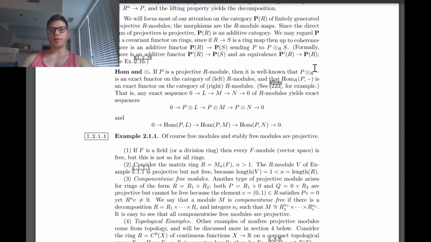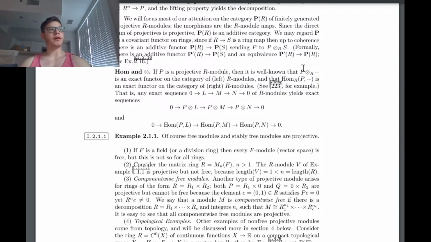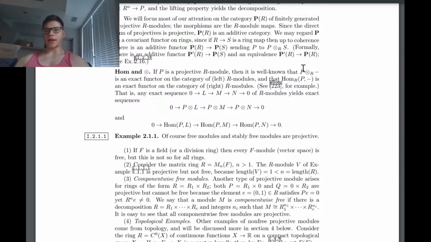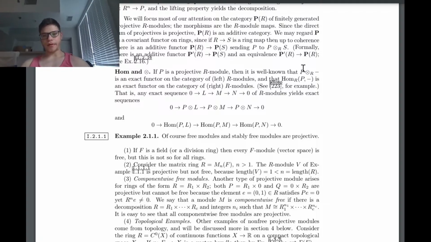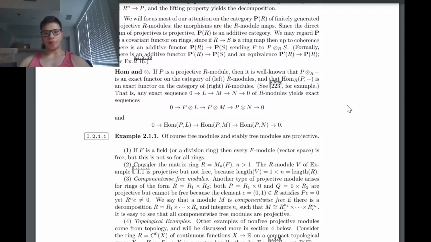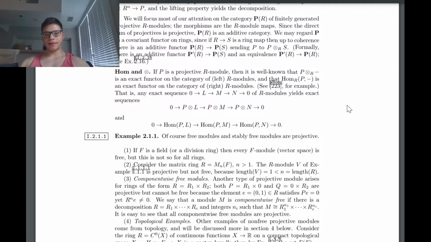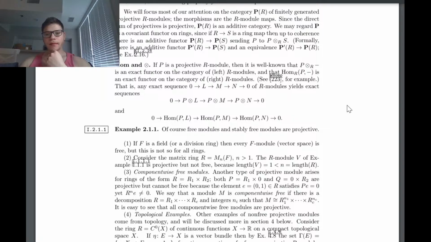I think this is why you want right modules, because then you can put this in the first coordinate. You can show that pretty easily if you know the definition of derived functors, but that's maybe kind of cheating. Showing it directly is not that fun, but you can use the lifting property to show it, I'm pretty sure.